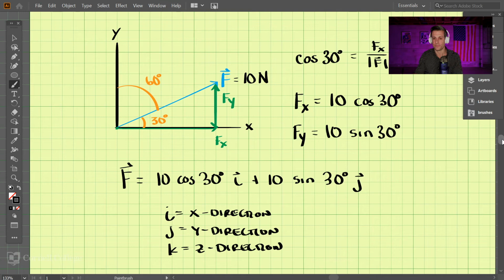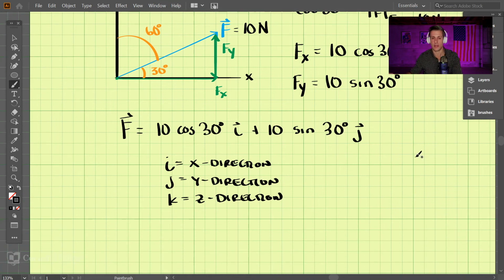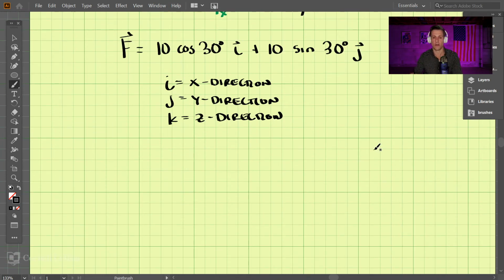Okay, so sometimes we're given vectors already in this Cartesian form here, and we don't know the magnitude or the length of those vectors, and we want to be able to find that magnitude.